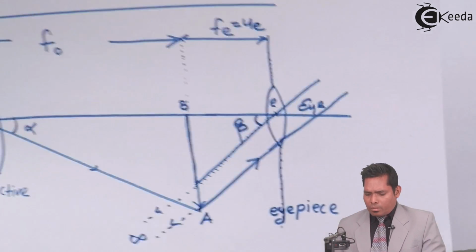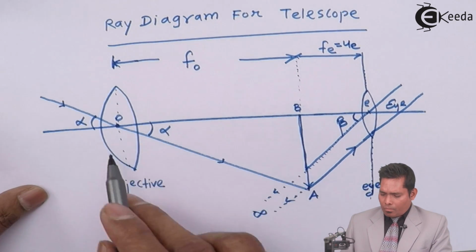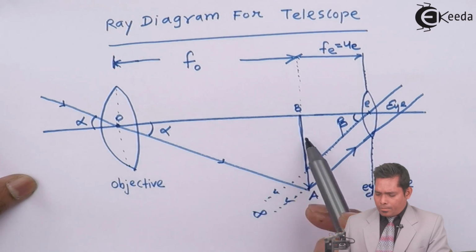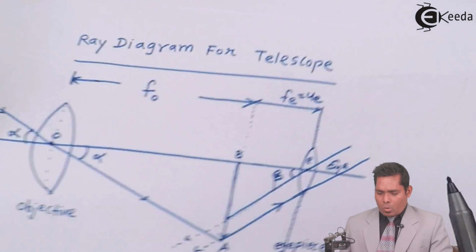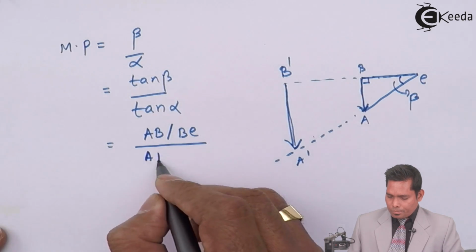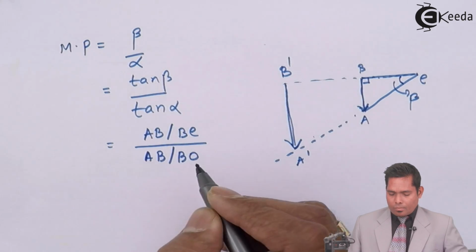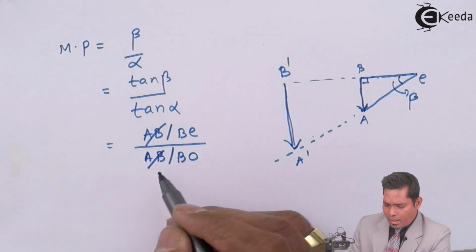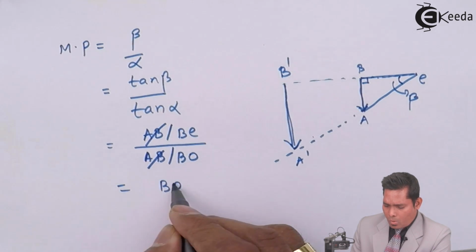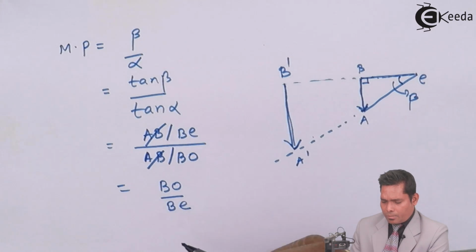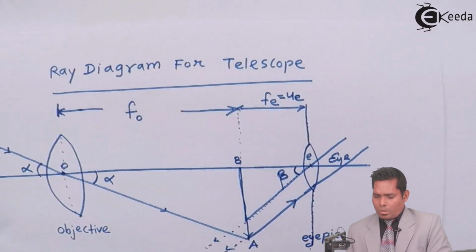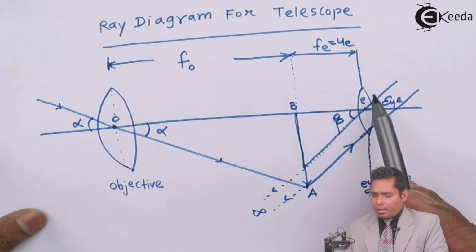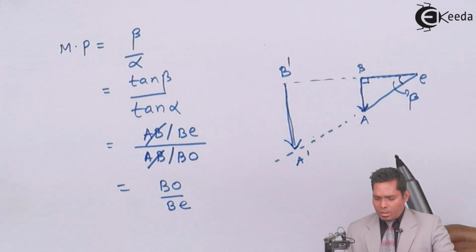Similarly, from this triangle ABO, tan alpha is AB upon BO. Now I can cancel AB, and this will be BO upon BE. What is BO? BO is FO and BE is FE in this situation.